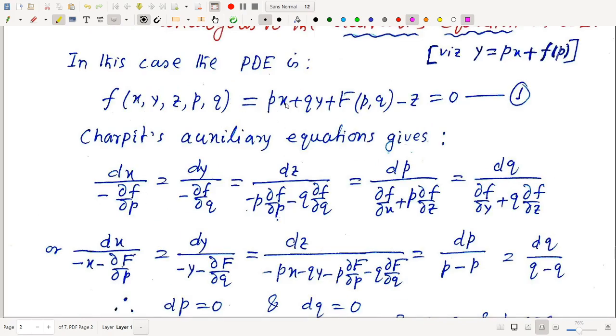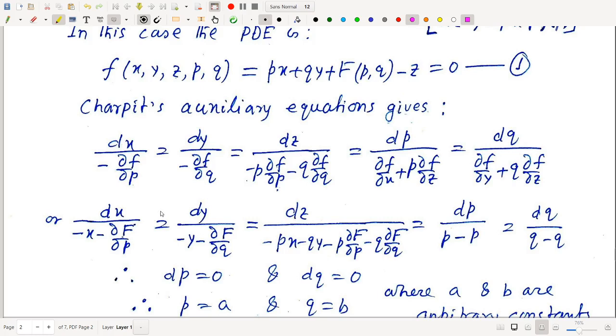Del F by del p will be x, this is 0, and this will be del capital F by del p. So it is minus x minus del f by del p. Similarly, del F by del q will be minus y minus del capital F by del q, and then dz by, multiplying this by p and this by q and then adding. So directly we have written similar results, just multiplied by p and q.